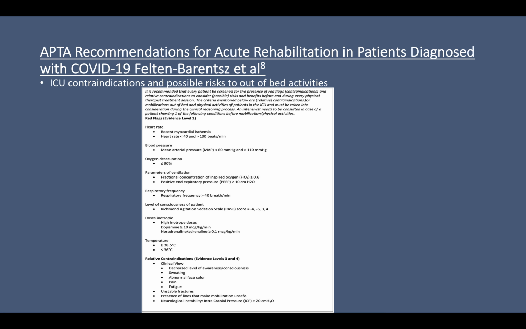Some of the biggest things that I noticed from this were temperature, the inotrope doses, so taking a look at some of the medications being given, and the oxygen desaturation. We need to make sure of the 90%, and when patients drop below that, we take a rest and let them return to that before continuing more activity.